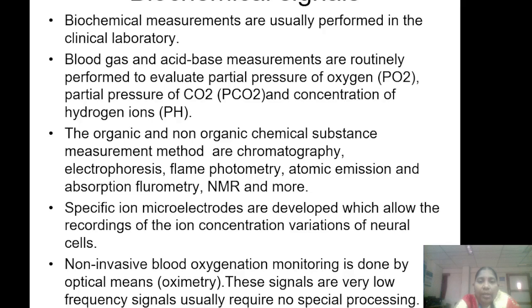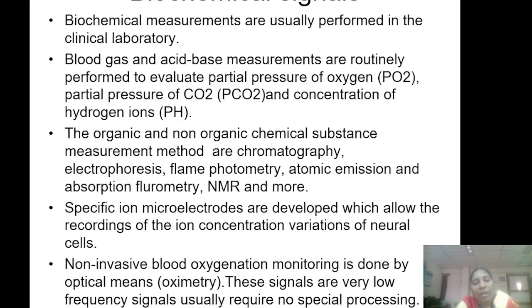Some examples are blood gas analysis like PO2, partial pressure of oxygen, PCO2, partial pressure of carbon dioxide, and pH. Some organic and inorganic chemical substances are also measured in the laboratory using devices and methods like chromatography, electrophoresis, flame photometry, photometry, atomic emission, absorption, fluorometry, and spectrophotometry. Like that, there are many methods available.